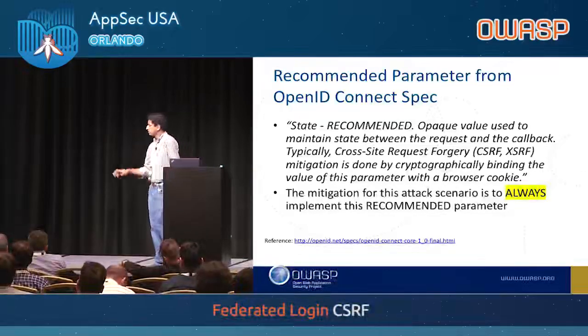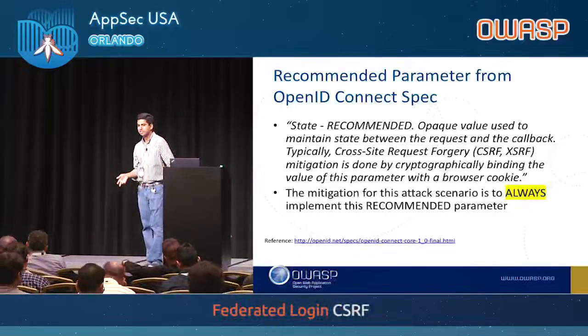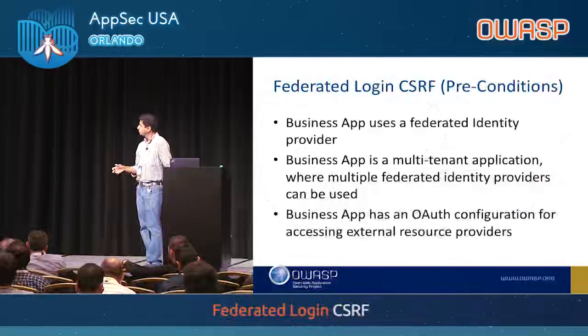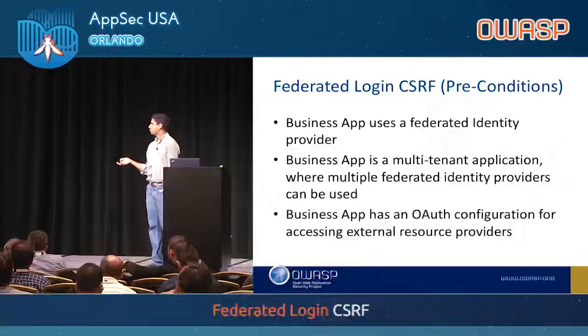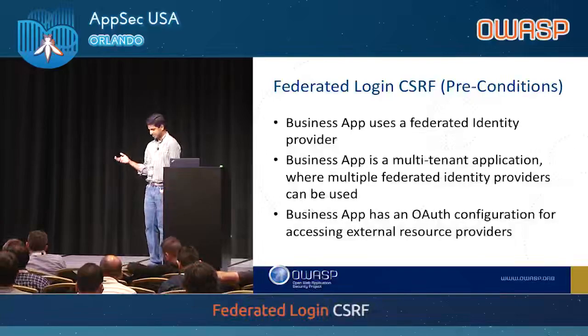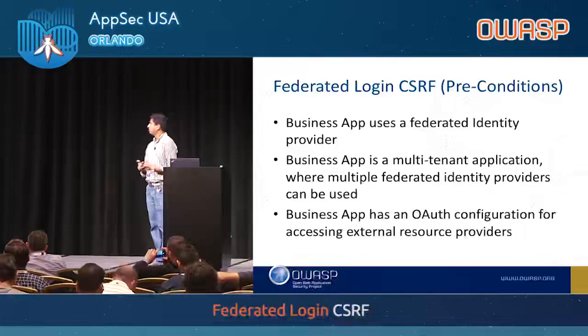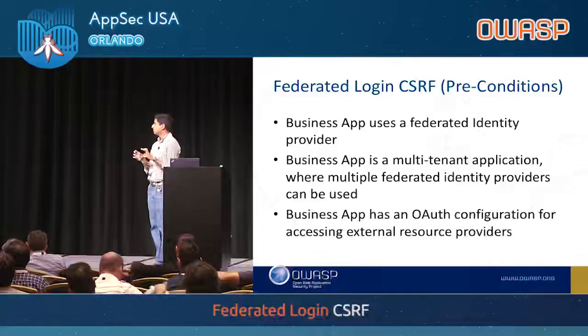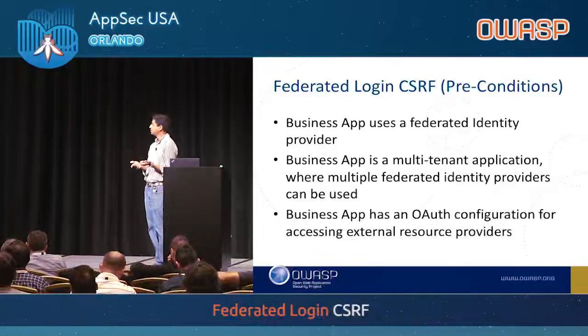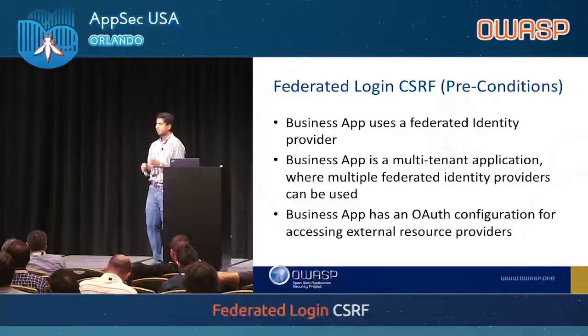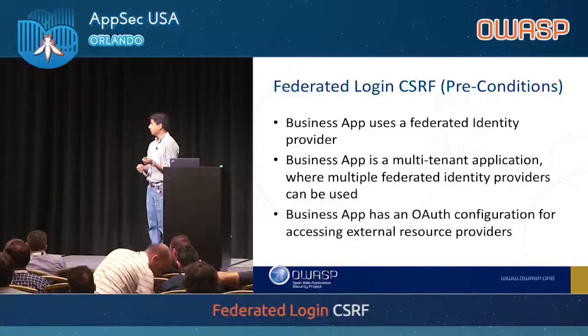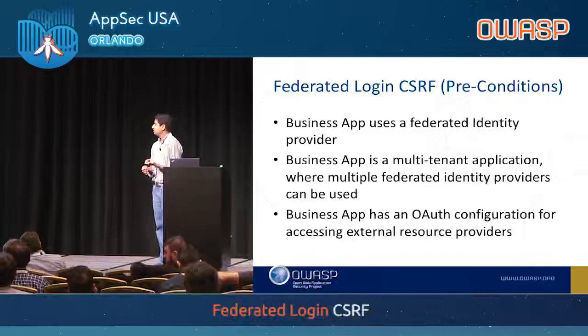So all of this is existing research and existing identified problems. Coming to the newly proposed threat, we have a federated login CSRF scenario. If you have this hypothetical business application which uses a federated identity provider, it is multi-tenant and allows for multiple federated identities to be configured.